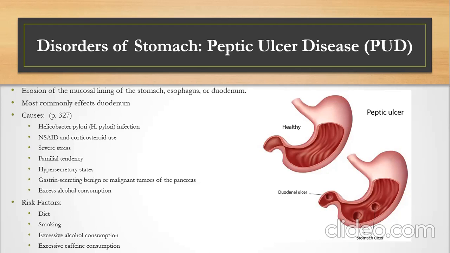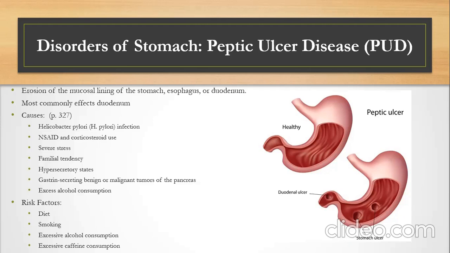And then if that ulcer occurs, the most common area is the duodenum. Why? Because bile is even more acidic. And when bile has the ability to back up into the stomach, that is really going to put you at risk for gastritis and ulcers in the stomach.